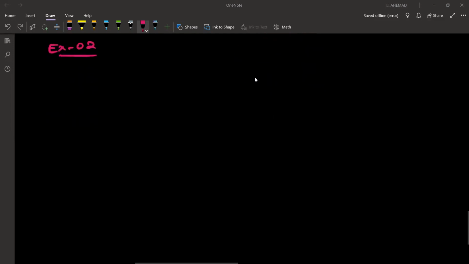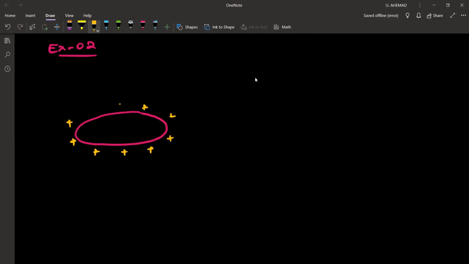Example 2. We have a ring that is charged with charge Q. It is rotated with a speed of omega.